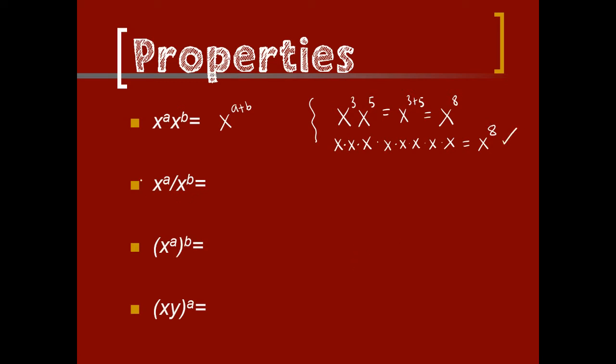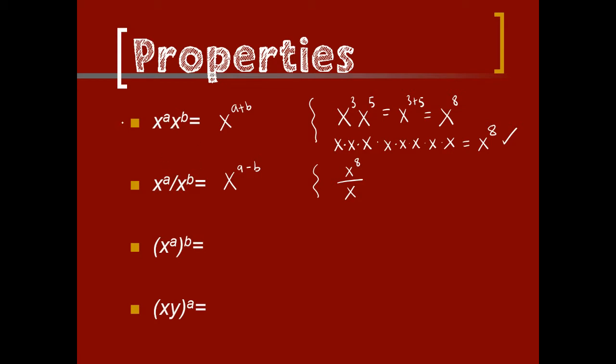On similar lines, we have x to the power of a divided by x to the power of b. You might be able to infer that that is x to the power of a minus b. Again, you need the same base, so that's a key piece of this. If this was x and y, we wouldn't be able to do this.